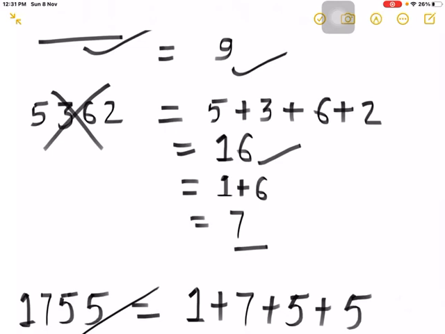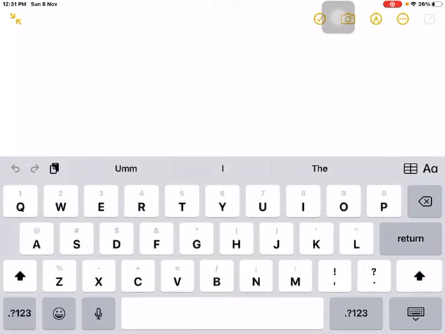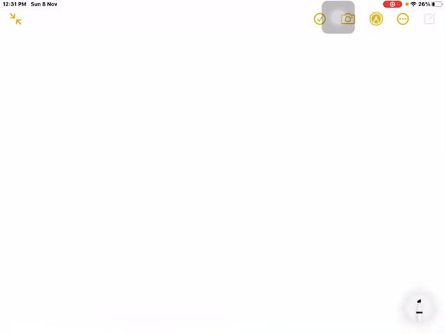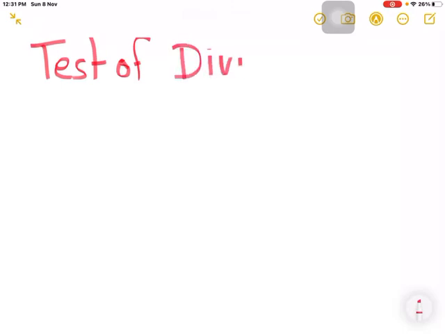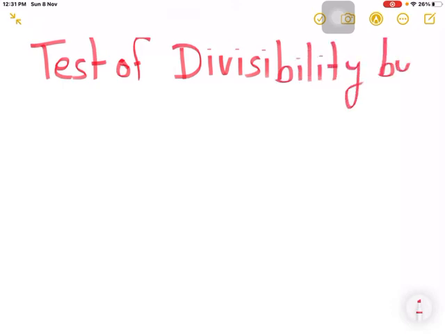So let's go for another rule, that is the rule for 4.